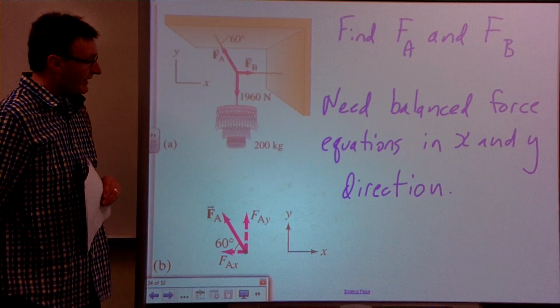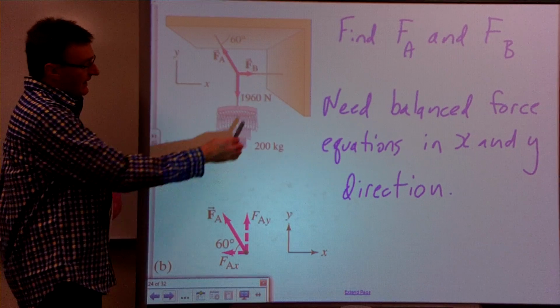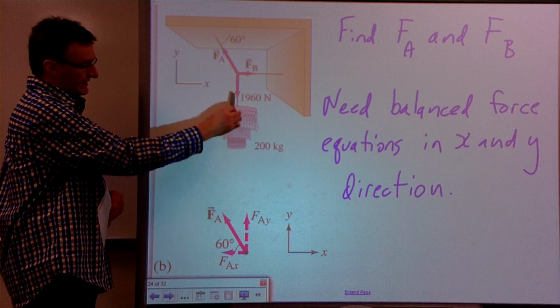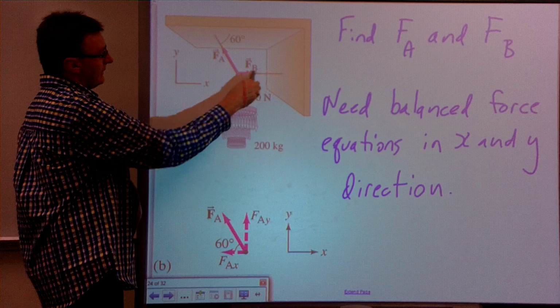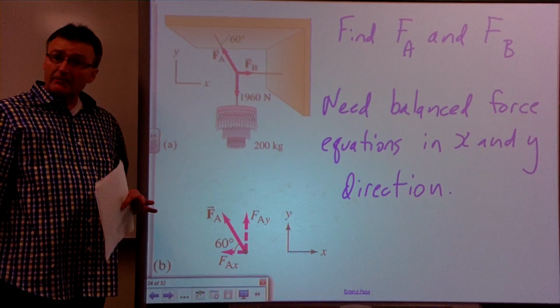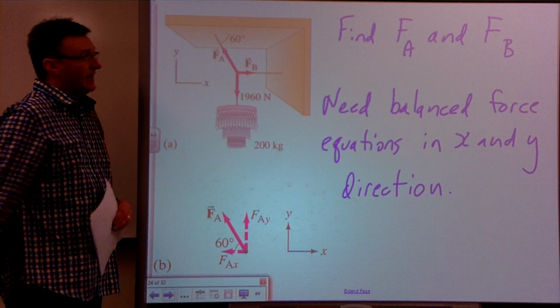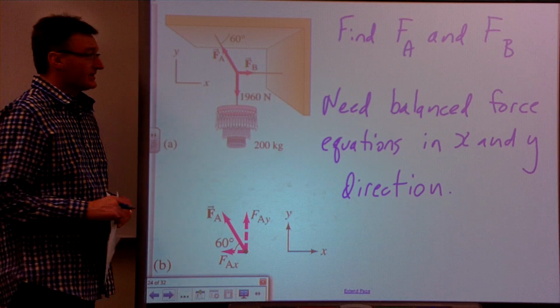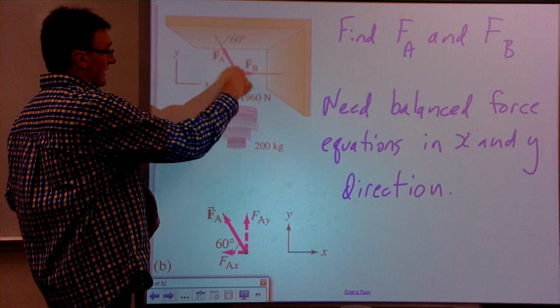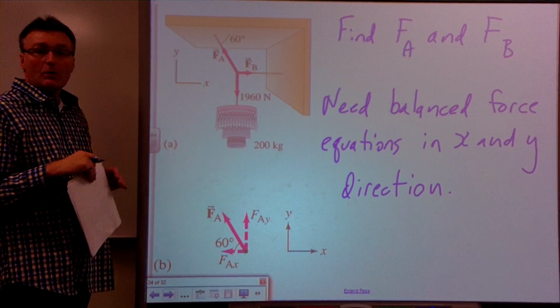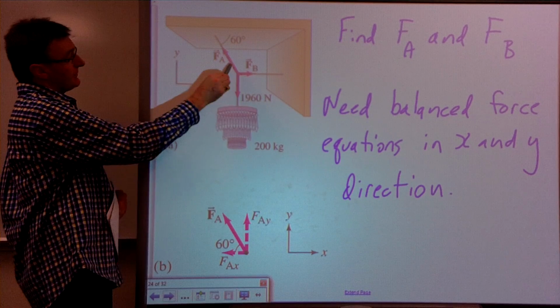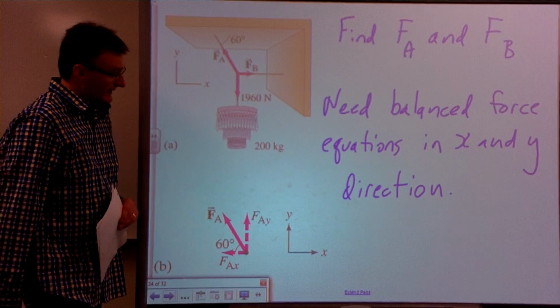This is a typical kind of problem right here, where we have some object that's hanging straight down, and you have two cables that are holding it in place, and you want to find out what the forces are on those particular cables. So we want to find out what force A and force B are.